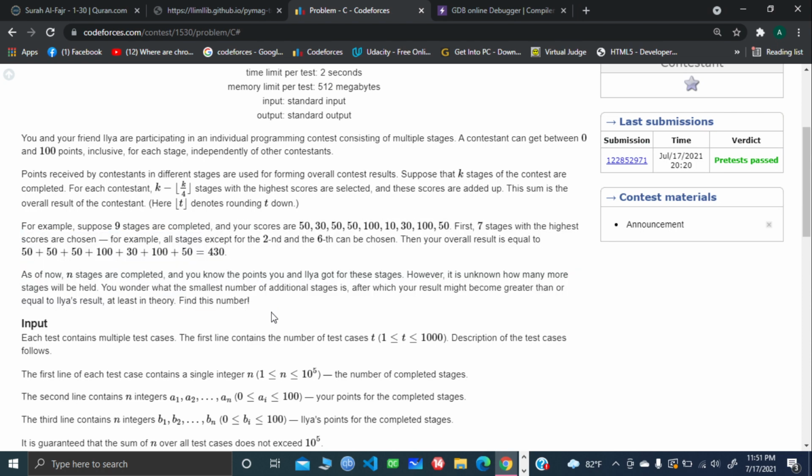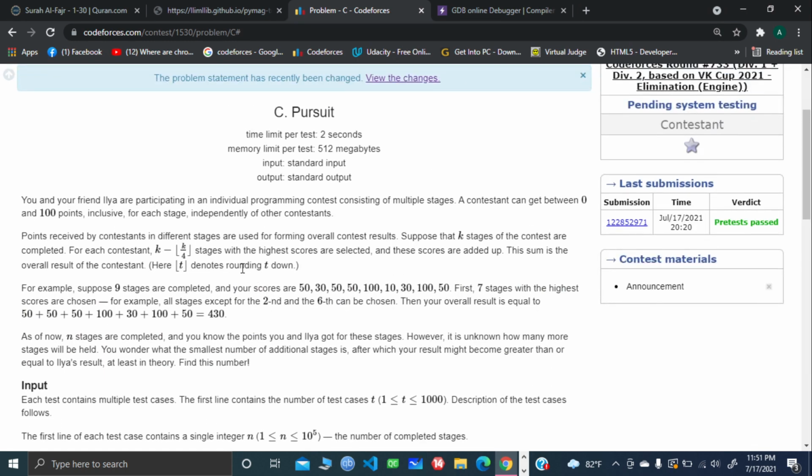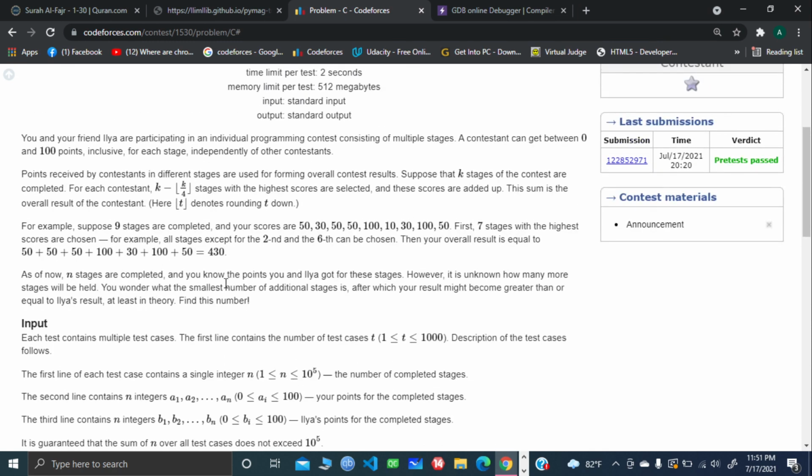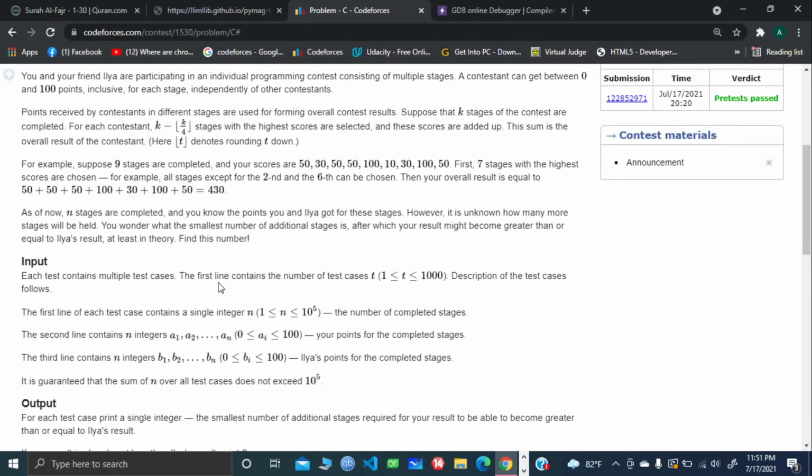That's how they have described it. I will describe it in the example for sure.